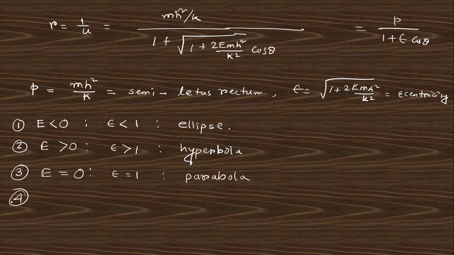Next, if the energy equals minus k square by 2 m h square, such that epsilon will be 0, then epsilon equals 0, and this will be a circle. Clear? I think clear.